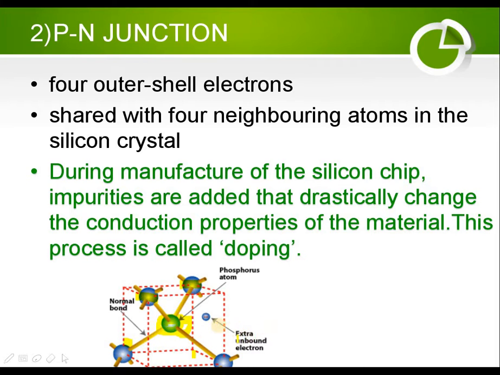This is the extra unbound electron. This electron is available free because it has 5 electrons in its valence shell. So let's say this cube overall has one extra electron and negative charge.